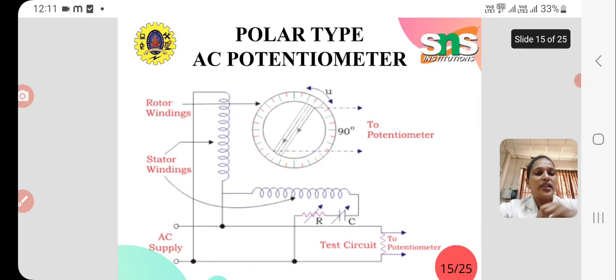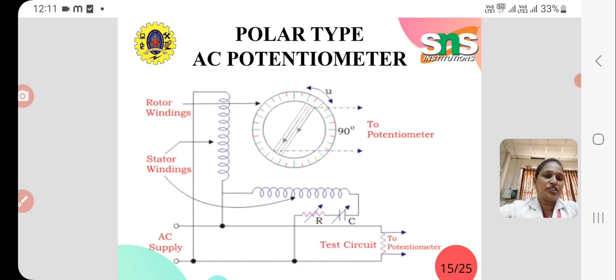Both the stator windings are kept 90 degrees apart. One stator winding is connected in parallel with the supply, and the other one has to provide the same voltage but with a 90-degree phase shift.